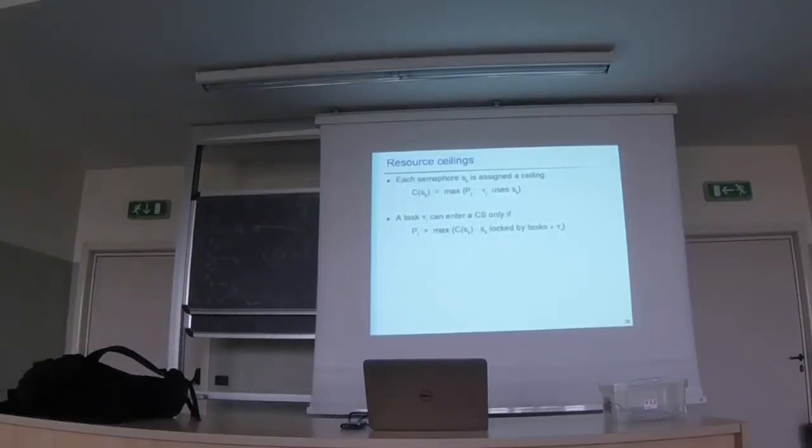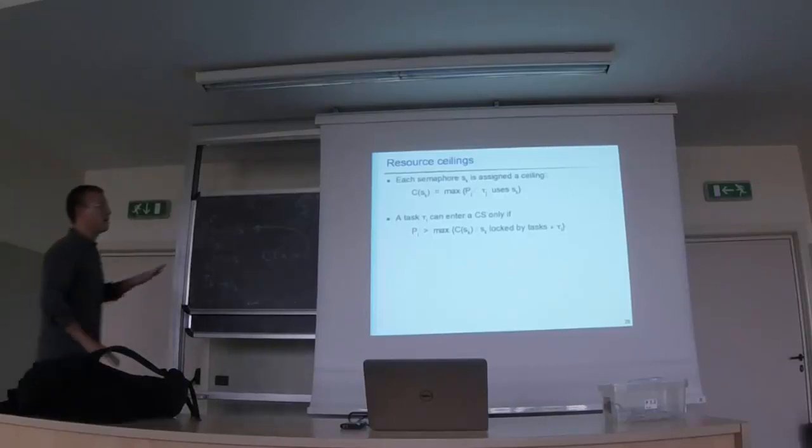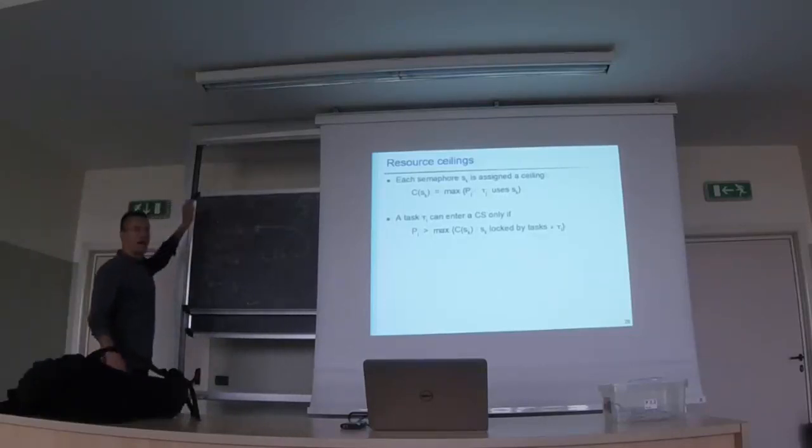This decreases further the possibility of locking, but it has a very, very nice effect of A, avoiding deadlocks, B, avoiding repeated blockings. Okay? We are going to see that together. Summarizing, I have multiple tasks.